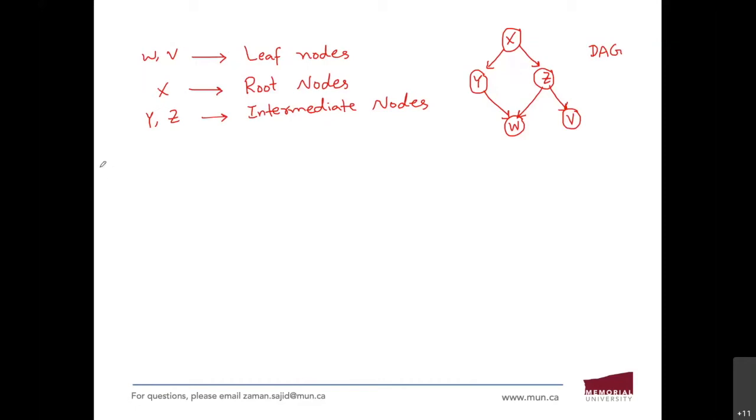So let's start with the nodes here, and we will see what the parents are, what the descendants are, and what the conditional independency is.